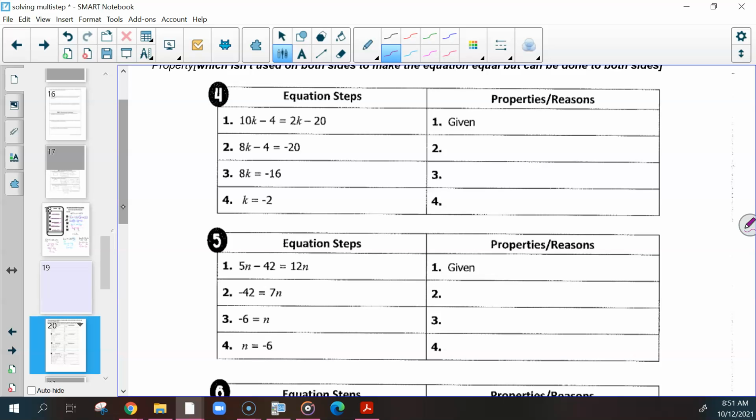What did they do from step 1 to step 2? Subtracted 2k on both sides. So that would be your subtraction property of equality.